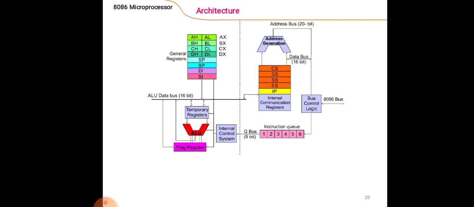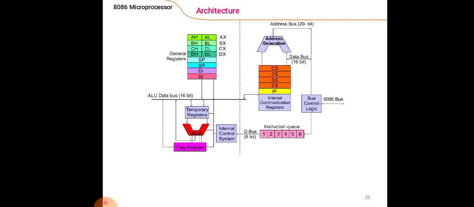So when we write any program in assembly level language, then this assembly level language is converted into machine level language, because microprocessor understands only machine level language, that is nothing but binary language, or we can say zeros and ones. So there is need to convert the assembly level language into machine level language.